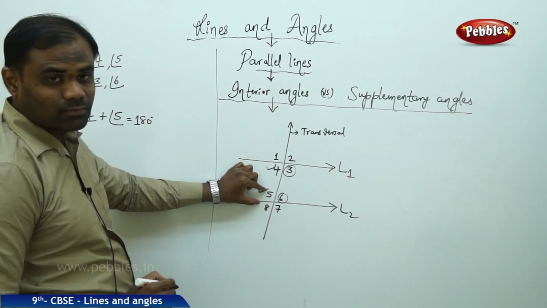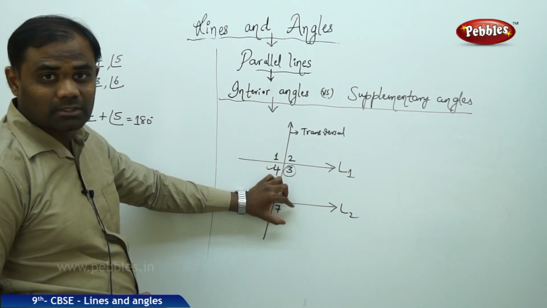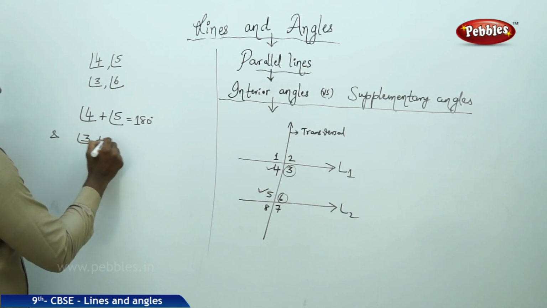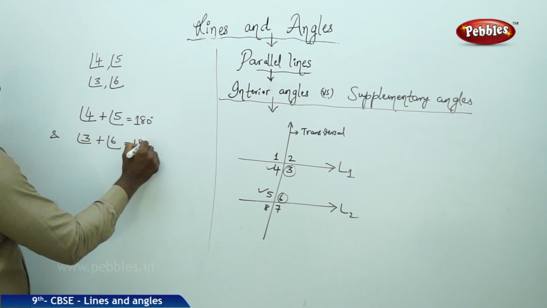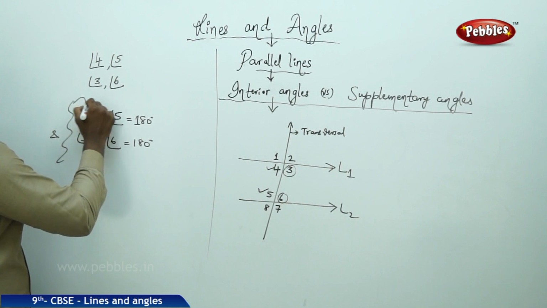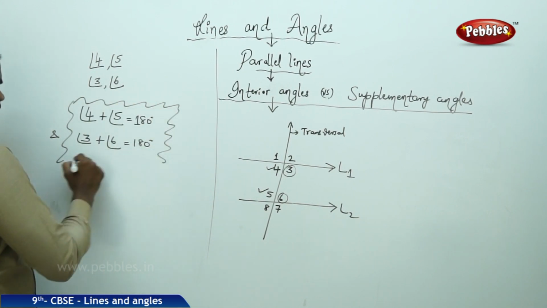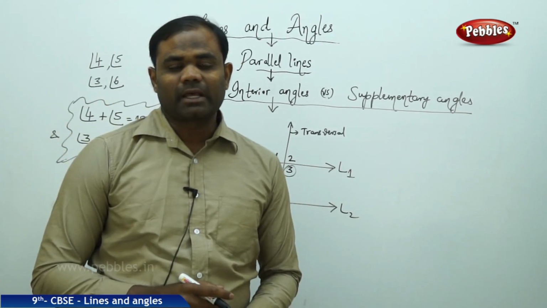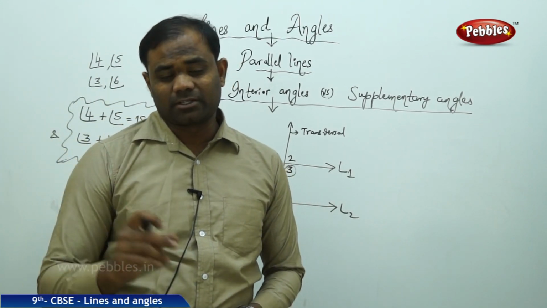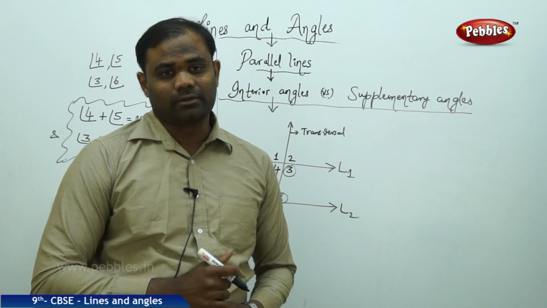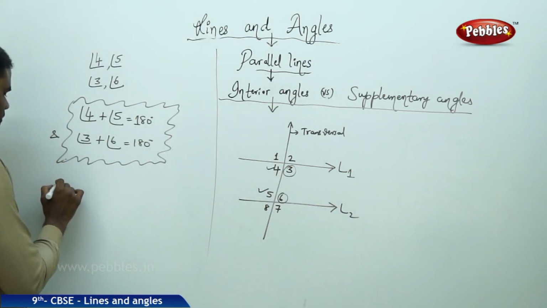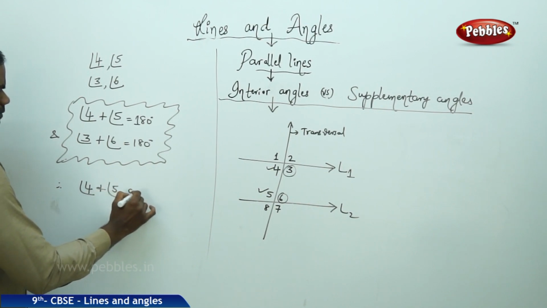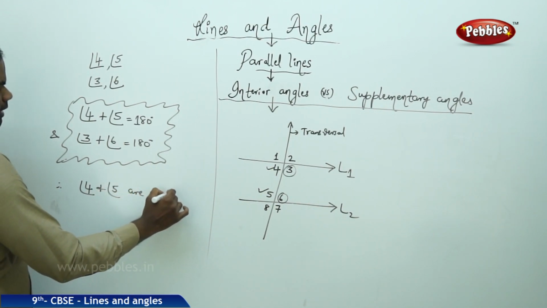This plus this is 180 and this plus this also is 180. This is how we see the property. Interior angles on the same side of transversal are supplementary. The sum is 180. Therefore, angle 4 and angle 5 are supplementary angles.